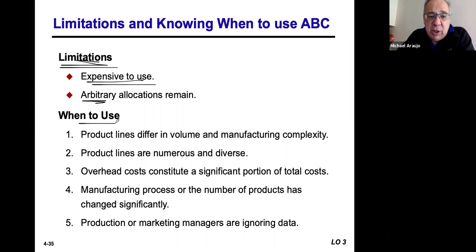A company should be using ABC when their product lines differ in complexity and volume. They have a number of different product lines, and those product lines are quite diverse. Overhead costs are major parts of building the product.